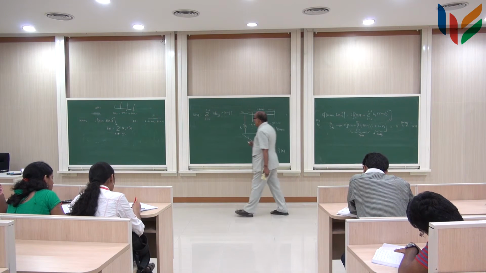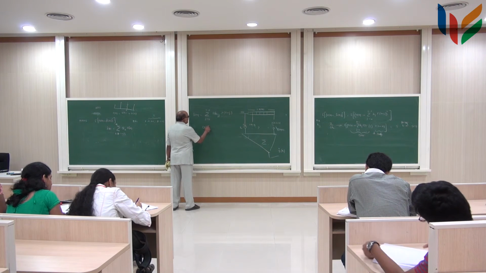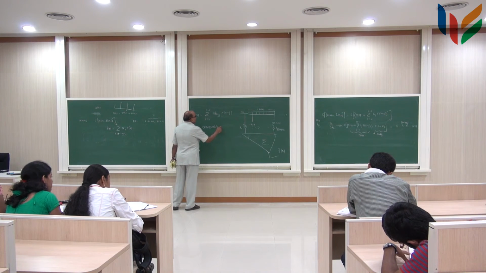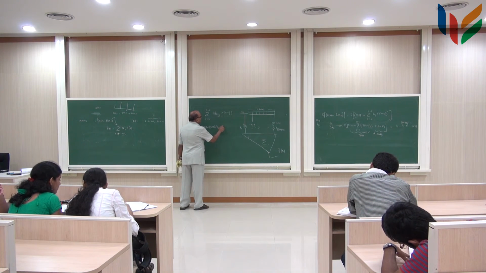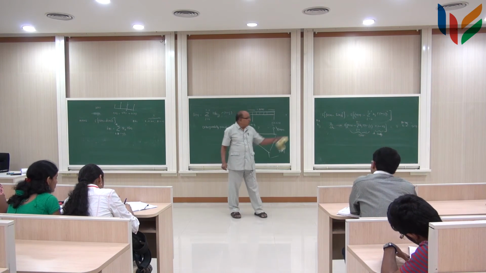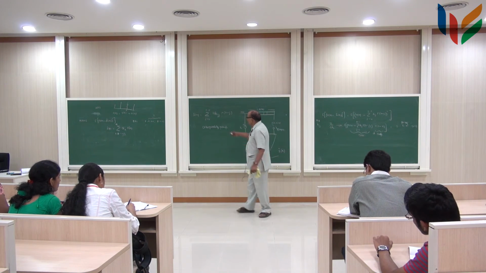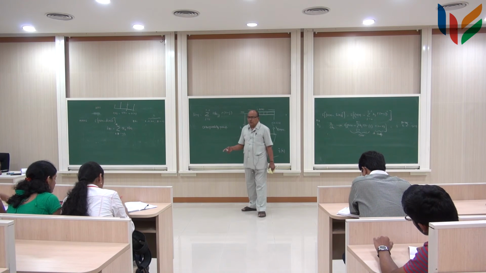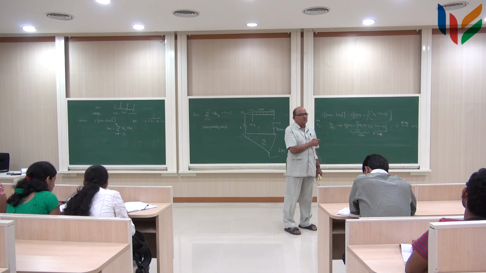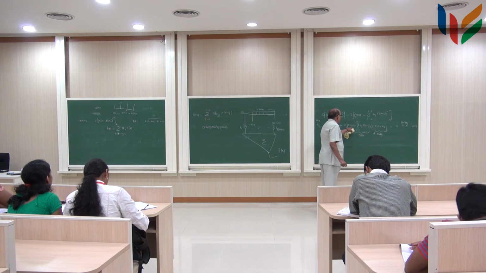This is a very powerful result, what people call the orthogonality principle. I do not have to do all this actually. I can simply write this as a requirement, which is the orthogonality principle. That is, every observation must be orthogonal to the error at that instant of time n.